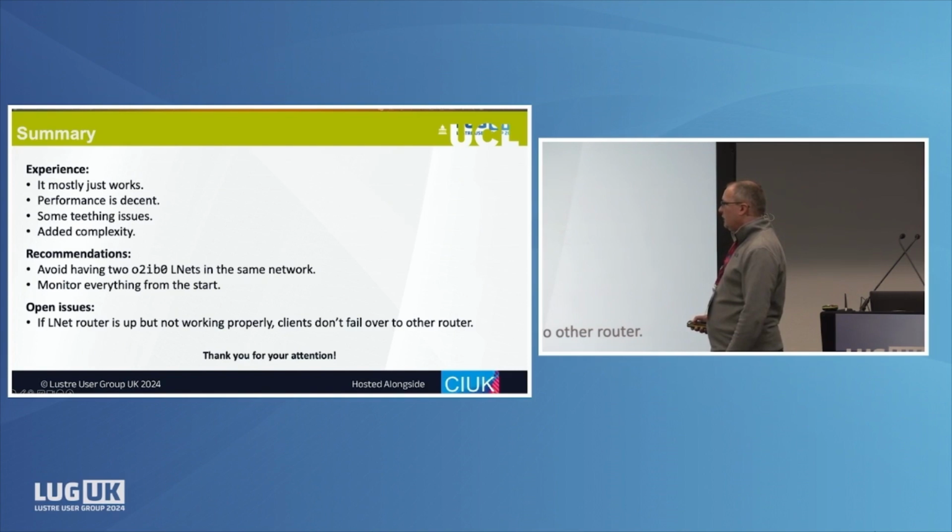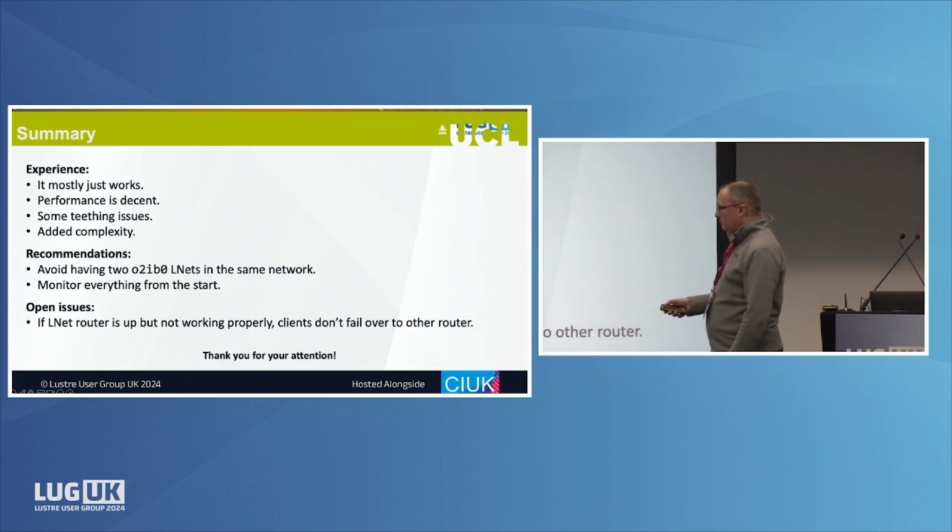So recommendations I can give, well, first of all, it's definitely a bad idea to have two LNets with the same name throughout your network, because that will just lead to conflicts. And, well, just general advice, we should be monitoring everything from the start.